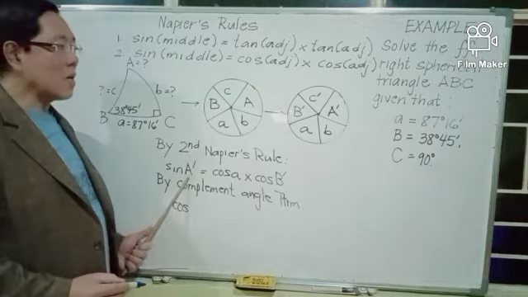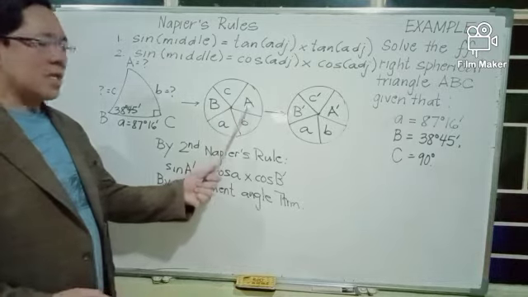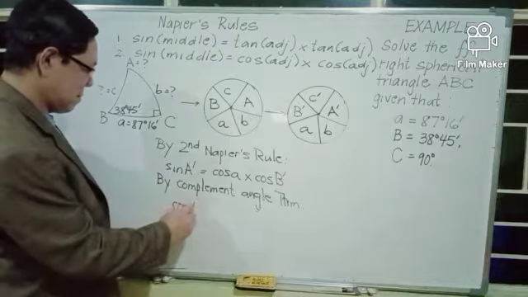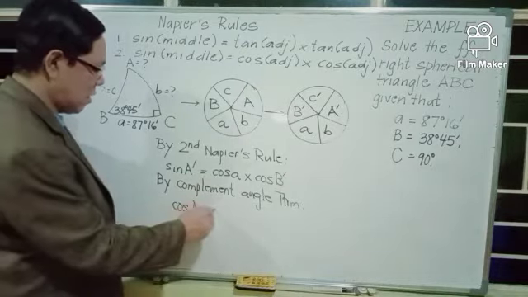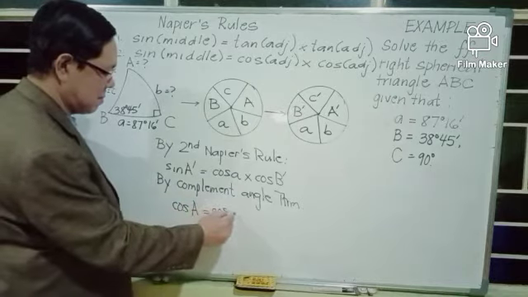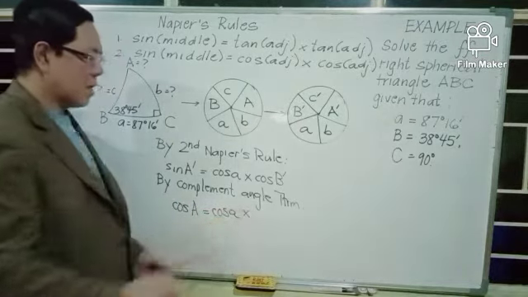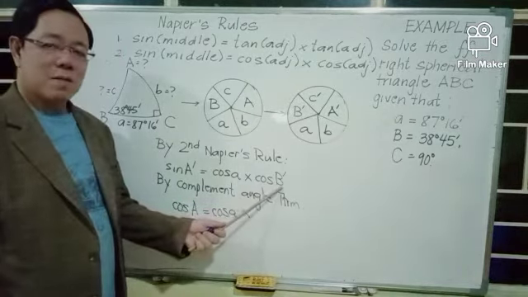The complement of A prime, as I said earlier, is A. This is equal to cosine of small a multiplied by cosine of B prime.